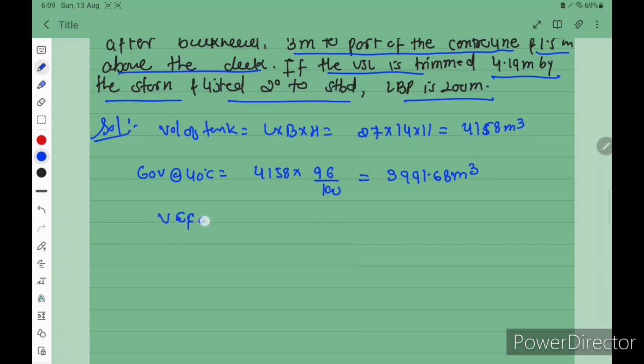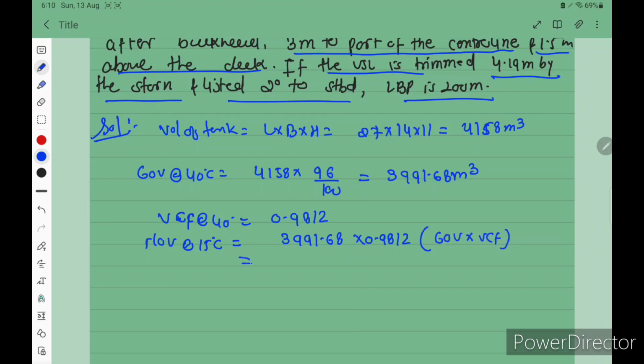VCF at 40 degree temperature is 0.9812. So net observed volume at 15 degree centigrade is equal to 3991.68 into 0.9812, because it is GOV into VCF. So we get 3916.63 meter cube. This is the net observed volume.